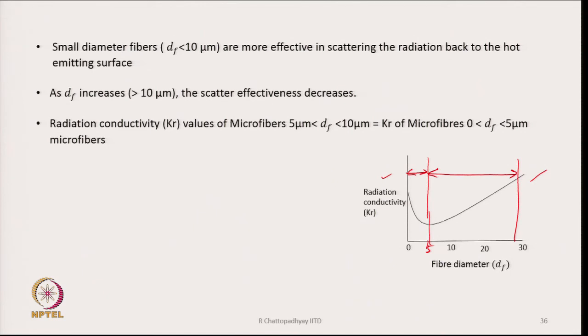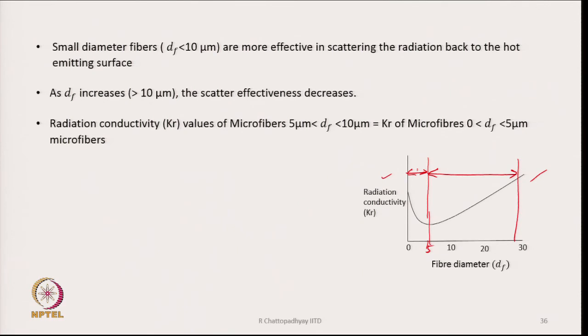Here, when the diameter is large, larger diameter means more conductivity, which means less insulation. In this zone, as the diameter increases, the conductivity becomes less and less, and the insulation value becomes more and more.